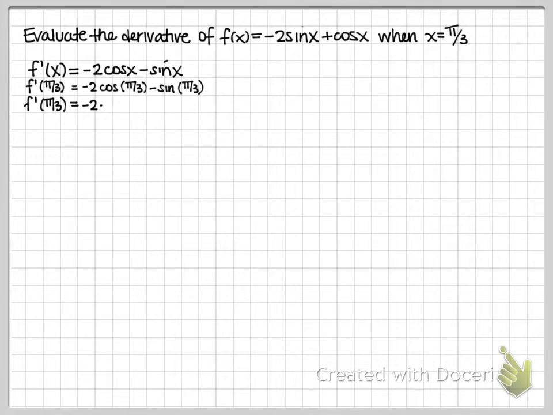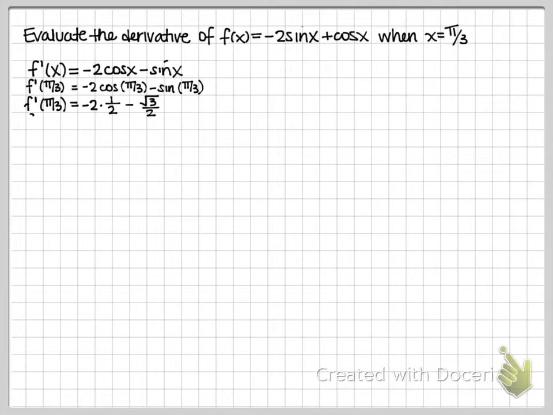First quadrant, pi over 3 is fairly tall because it's a 60-degree angle, which means that the adjacent side is pretty short, so that's going to be the half. Minus sine pi over 3, still first quadrant, 60 degrees, fairly tall. The opposite side of that is actually going to be root 3 over 2. So I'm going to go ahead and clean it up.